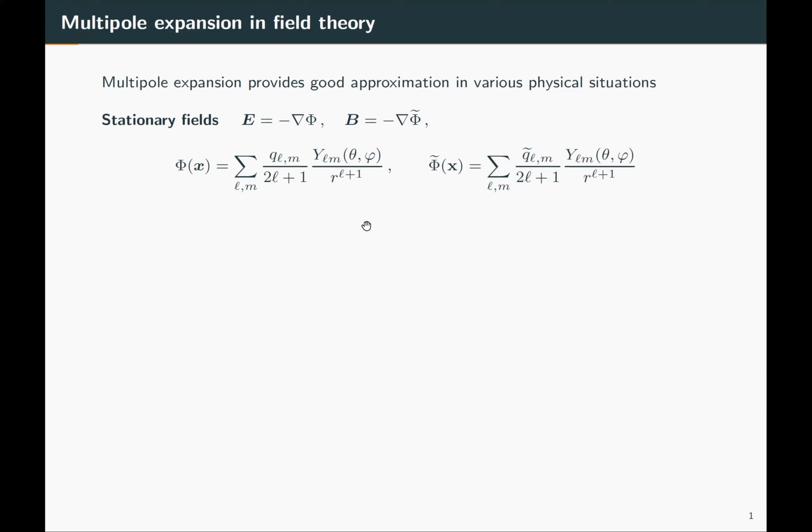The nice thing about these expressions is that the radial dependence of the fields is locked to the angular dependence. These coefficients are called the electric and magnetic source multipole moments. This is a useful expansion because if the observer is at large distance, the higher multipole modes decay very fast, and therefore the first few terms in the sum provide a good approximation of the result.